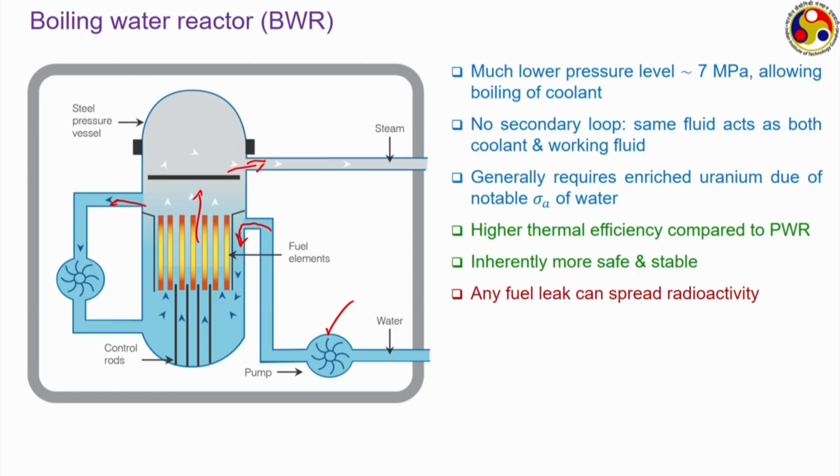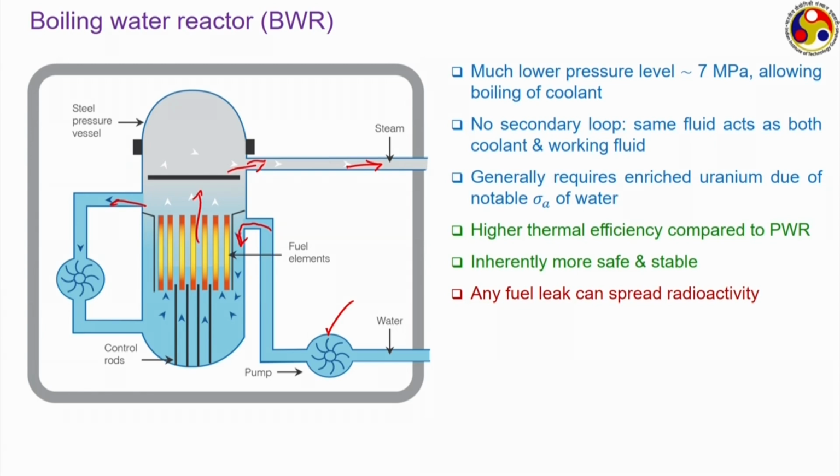But one big problem with the boiling water reactor is that if there is any leak on the fuel side, then the radioactive elements or the fission decay products can come into the moderator stream, and when this moderator starts boiling, the corresponding water vapor which is going to the turbine through this line may also carry those radioactive isotopes.